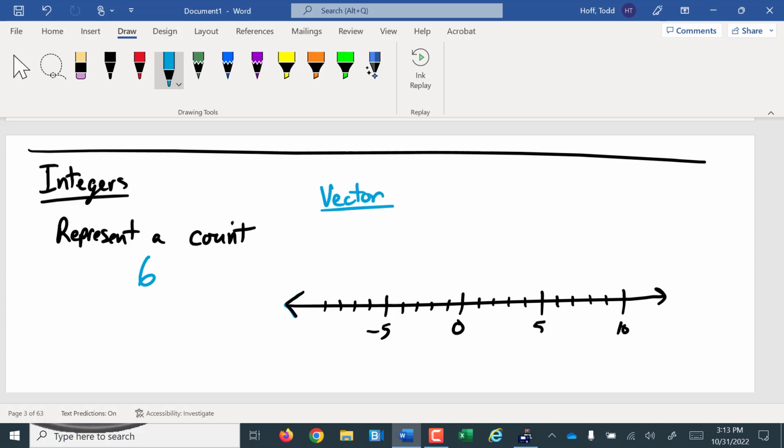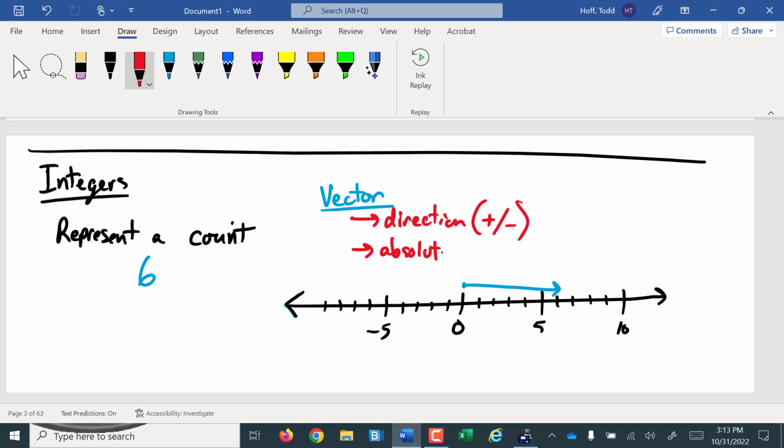And a vector is pretty simple. It's just an arrow that starts at 0 and goes to the number, like that. That's the vector for 6. The vector has two things. It has a direction. It's either positive or negative. And then it has something called the absolute value. Is that a term you guys have heard before?